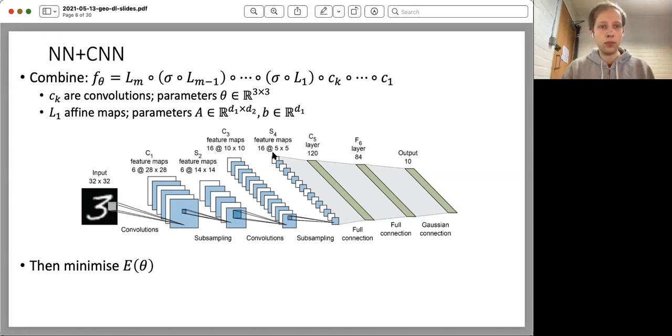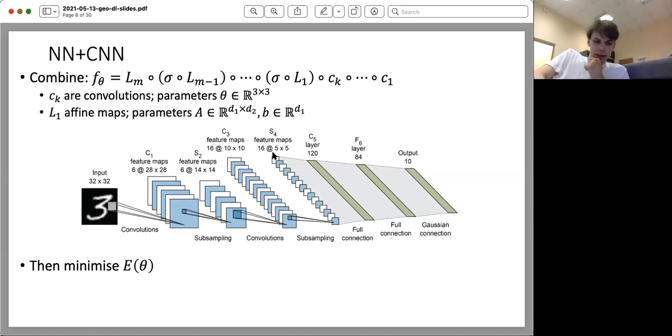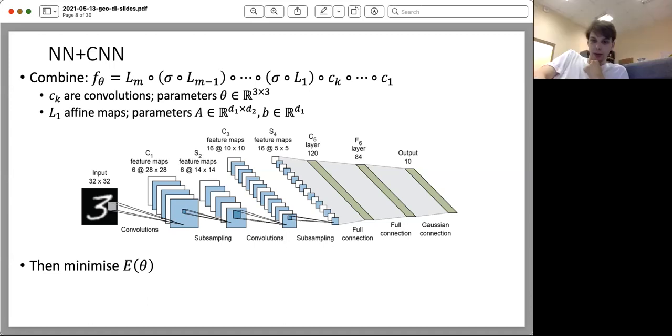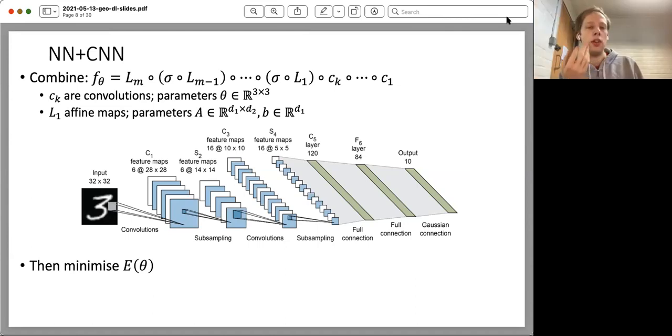Why do we apply this convolution? Is it some sort of reducing the noise or something like that? We're reducing the noise, you say? Yeah. Why do we want to add these convolutions? I mean, there are some reasons.